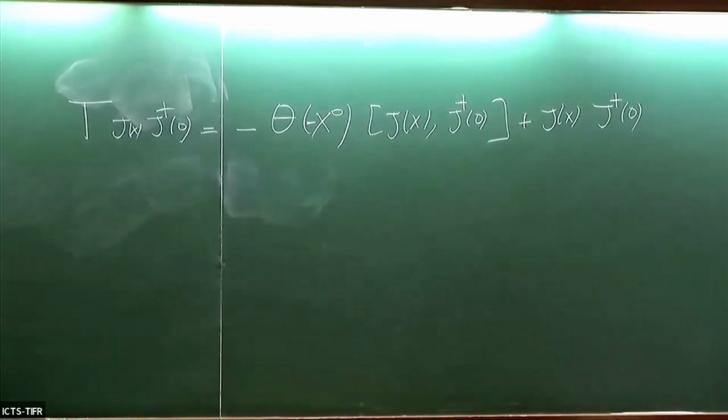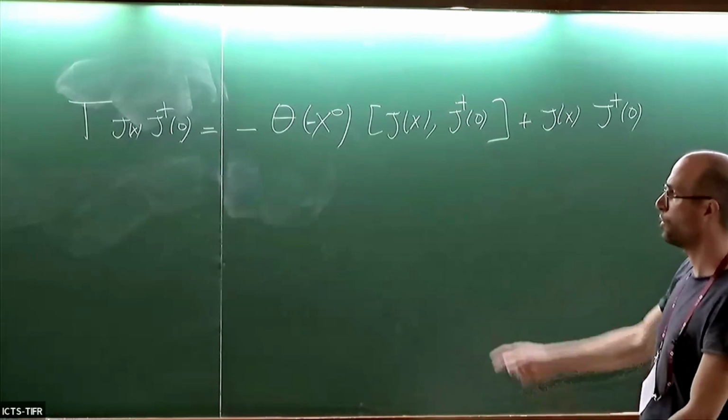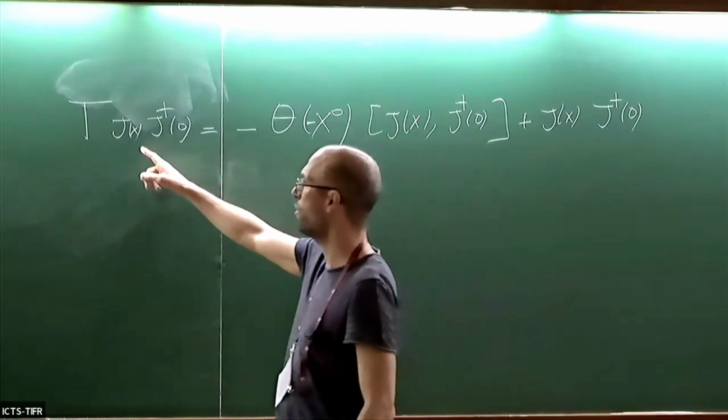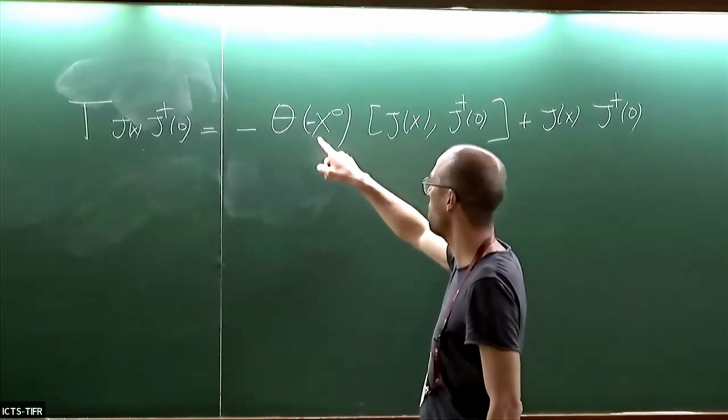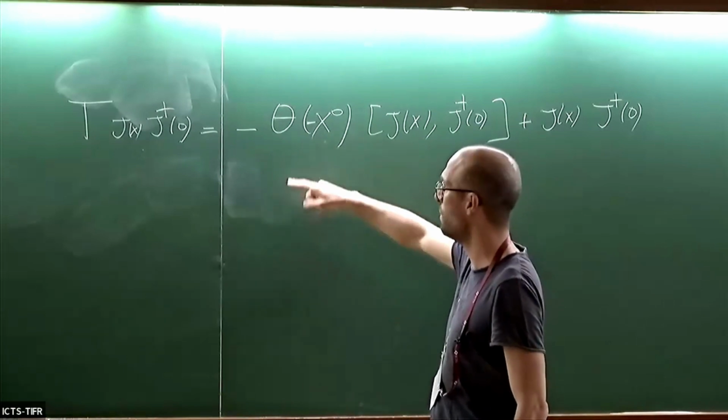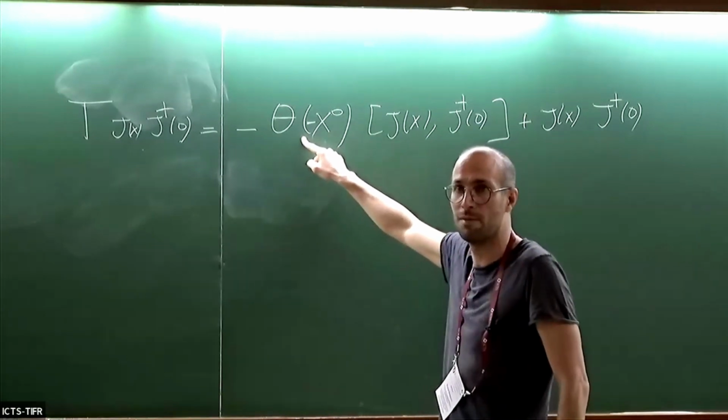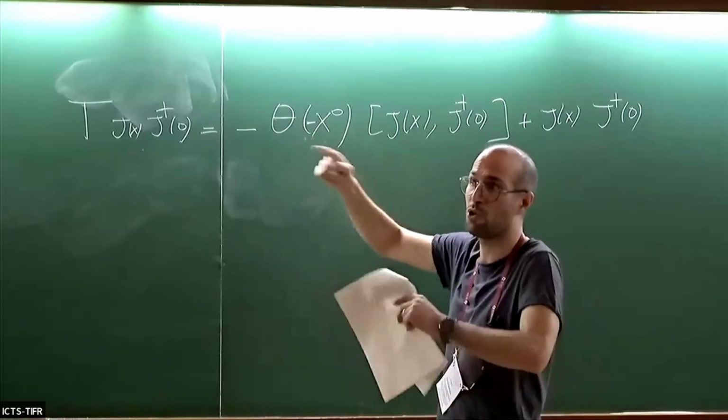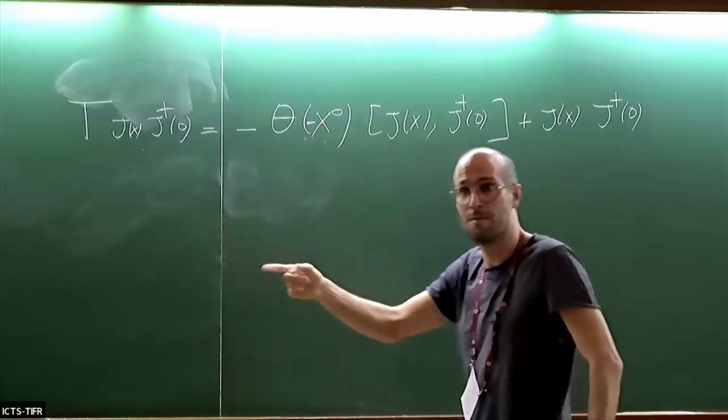Now I'm expressing the time ordering not in terms of the step function that kills the past, but the step function that kills the future. That's because I'm going to use antiparticles.